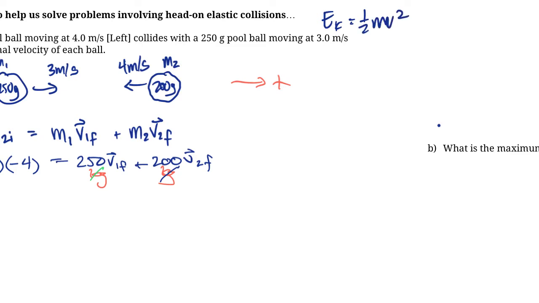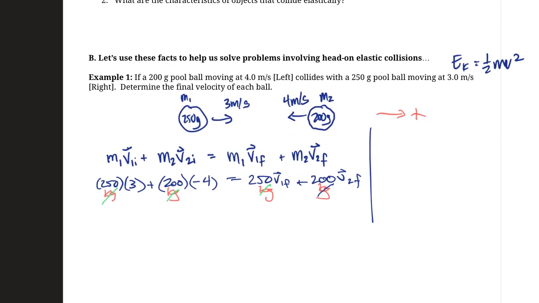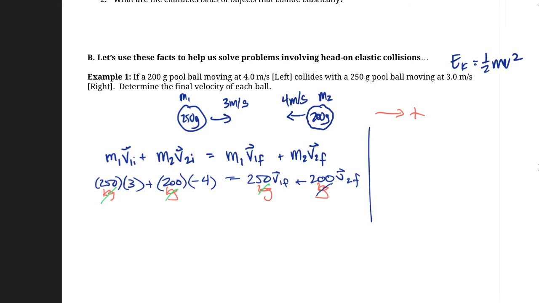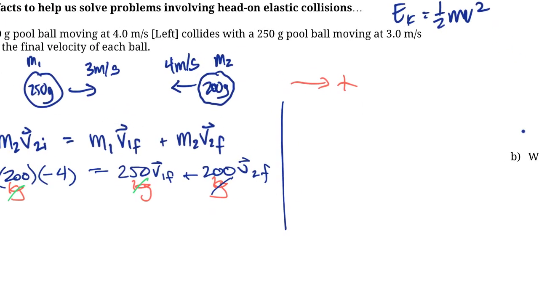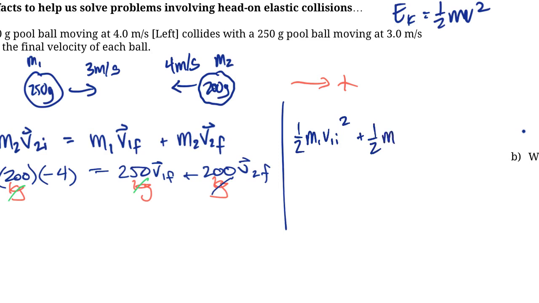So let's look at that. Each object has its own kinetic energy before the collision, and each object will have its own kinetic energy after the collision. So we can look at this as 1/2 m1 v1i squared, that's the kinetic energy of mass 1, plus 1/2 m2 v2i squared.